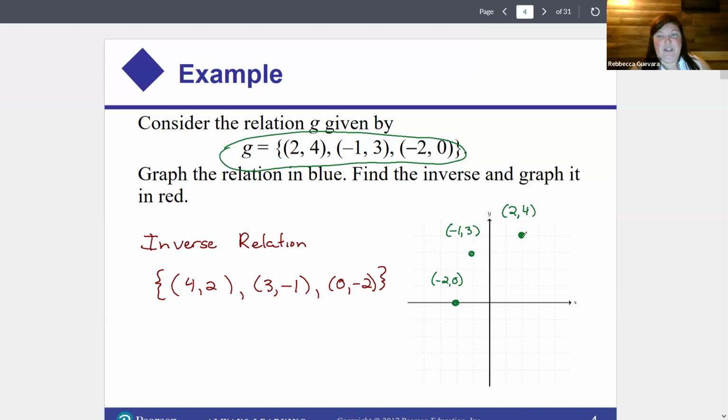So when I graph it, now I'm going to have a point at 4, 2, a point at 3, -1, and a point at 0, -2. One of the things to notice here is that this is a line that is just y equals x.